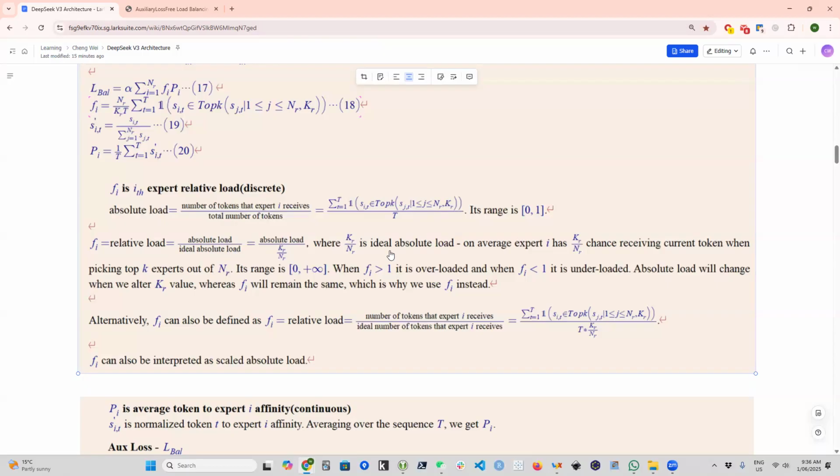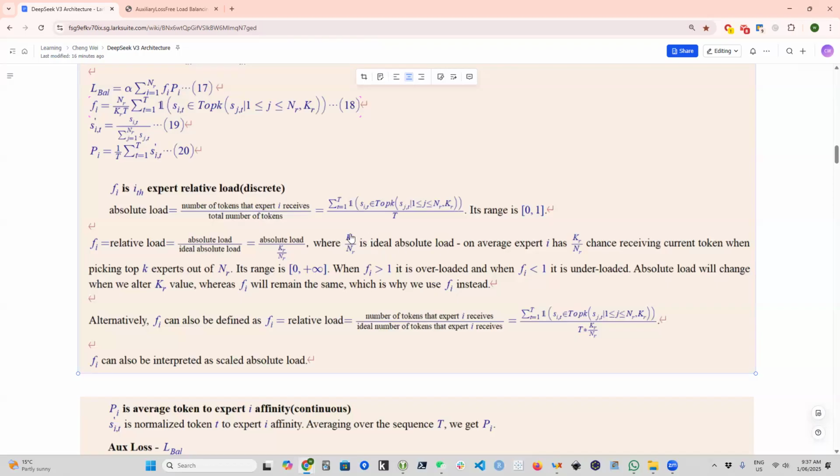So the ideal absolute node. Ideally, which means balanced, uniform, each expert gets an equal chance to receive a token. So we call it the ideal absolute node.